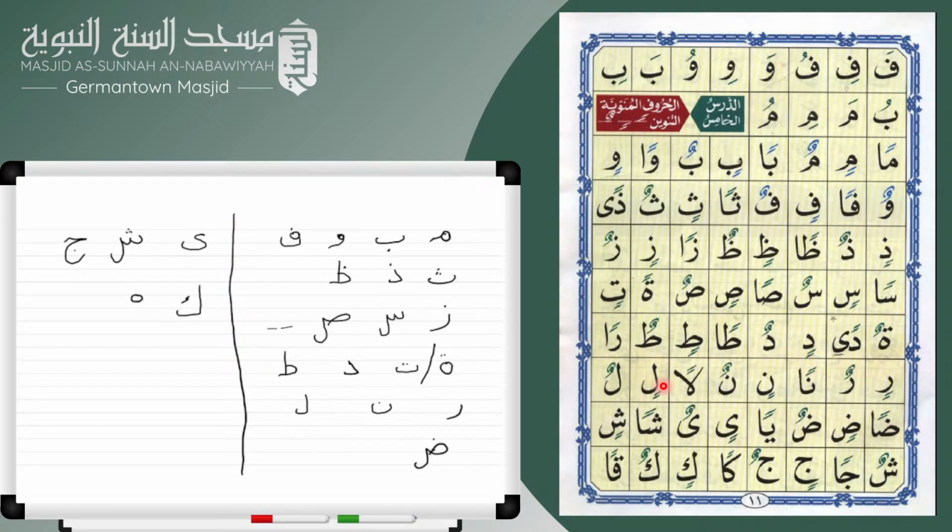Guys, repeat. Lam dhammatain: lun. Don't say lun, say loon. Now combine all three: lan, lin, lun.